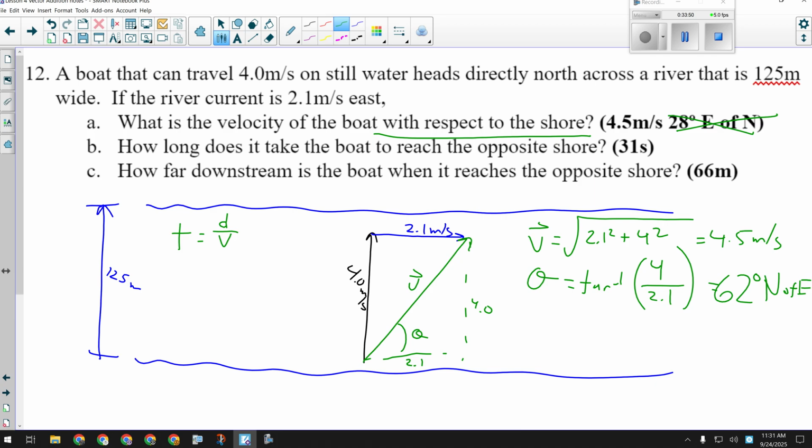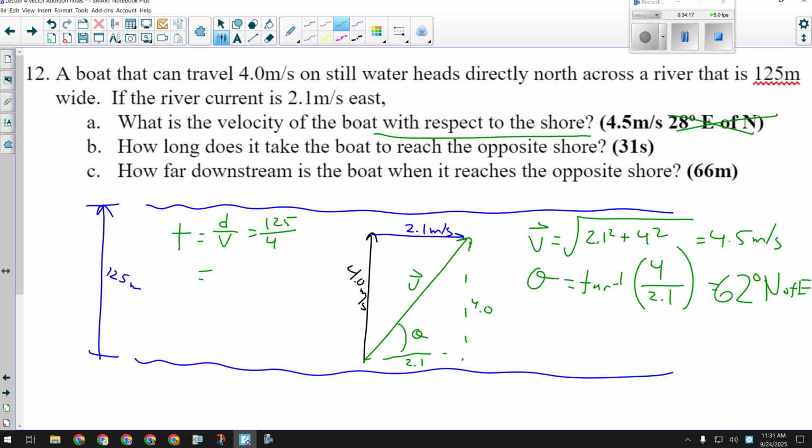I don't know how far I would go along this vector, because I never calculated that. But I do know I'm going this way at 4, and that's 125 meters. So 125 meters divided by 4 meters per second will give me how long it takes to get across the river. That's the part on these questions that people mess up the most: they use the wrong velocity to figure out how long it takes to go across.